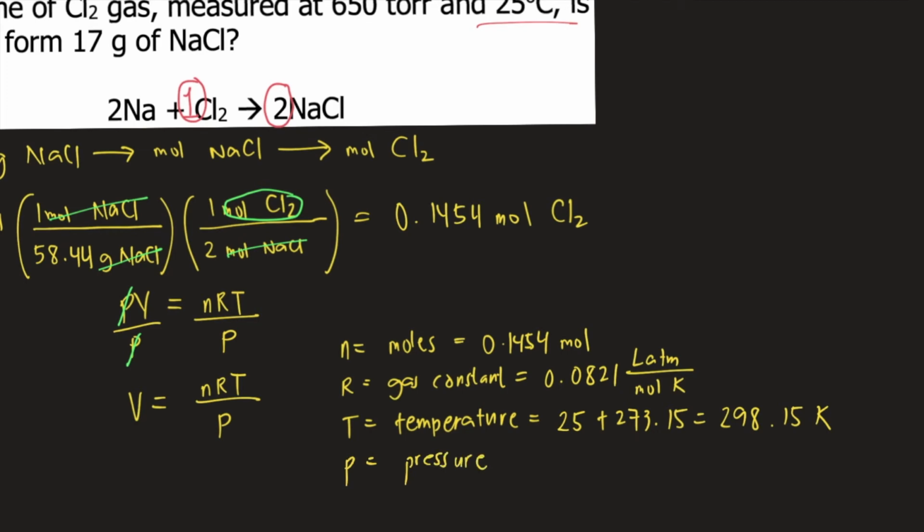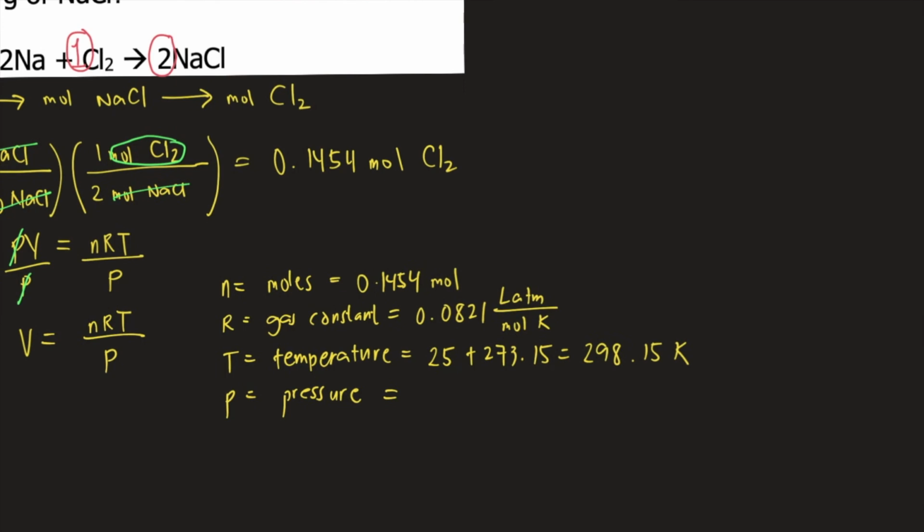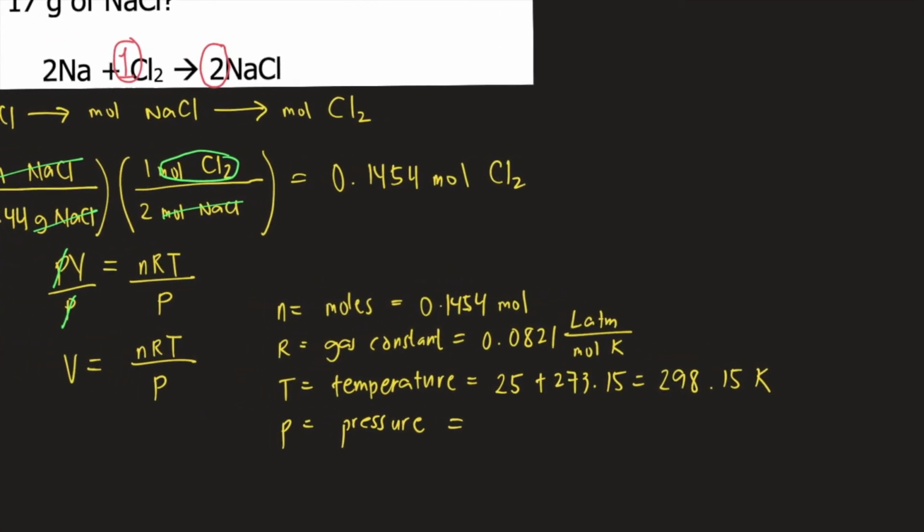And P is the pressure, and the unit must be in atm. So in the problem, the given pressure is in torr, 650 torr. So we need to convert torr into atm. So 650 torr.